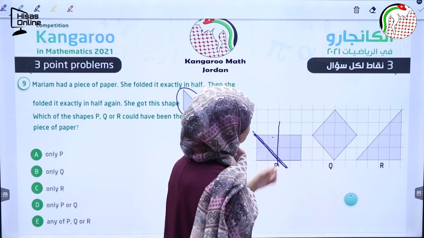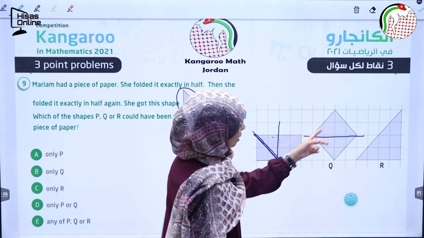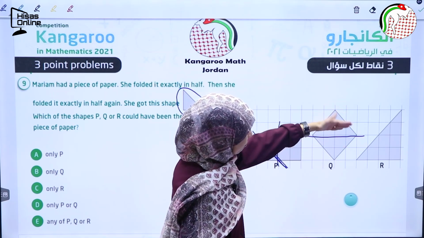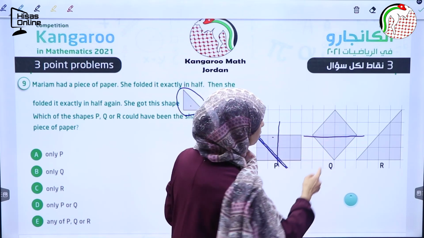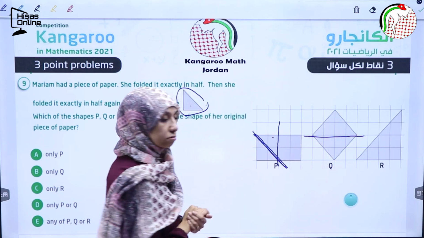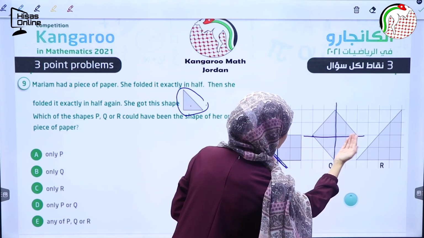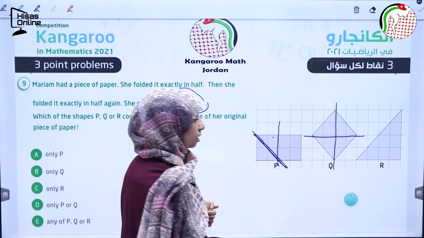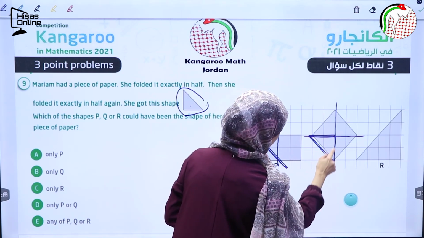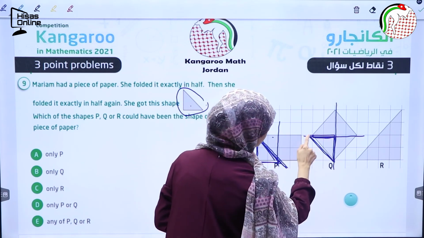Let's do the same. If she folds this shape around the line of symmetry here, she will have this triangle. And if she folds this again around this line of symmetry, this will be the result. The first shape, and the second shape.